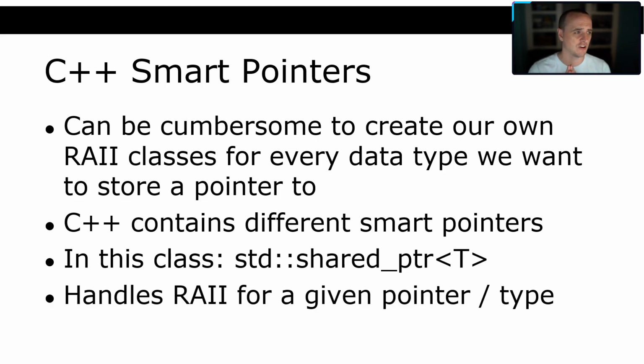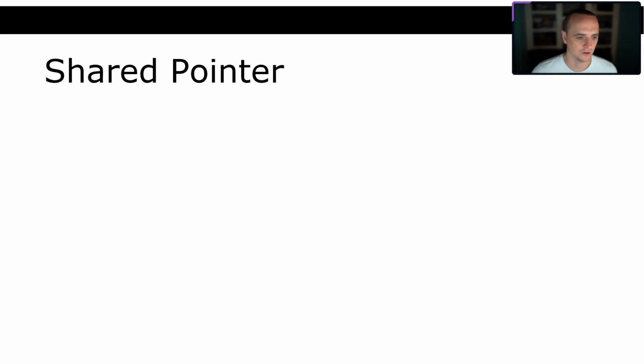I'm not going to do a whole lecture on the implementation of shared pointers, but you know how we just made that int array class, which is a wrapper around the memory handling for an integer array? Well, a smart pointer is a wrapper around a pointer to an object, and it's going to handle all that RAII for us, okay?